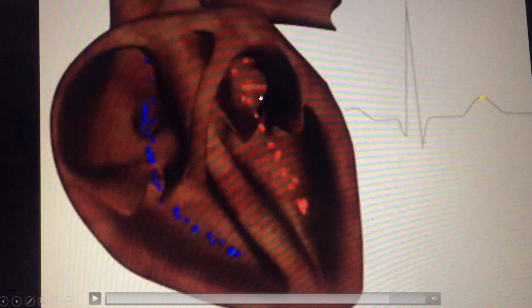During this period the ventricles repolarize and dilation of the ventricle occurs, and then rushing of blood from the atria to the ventricle and refilling of the ventricle occurs.